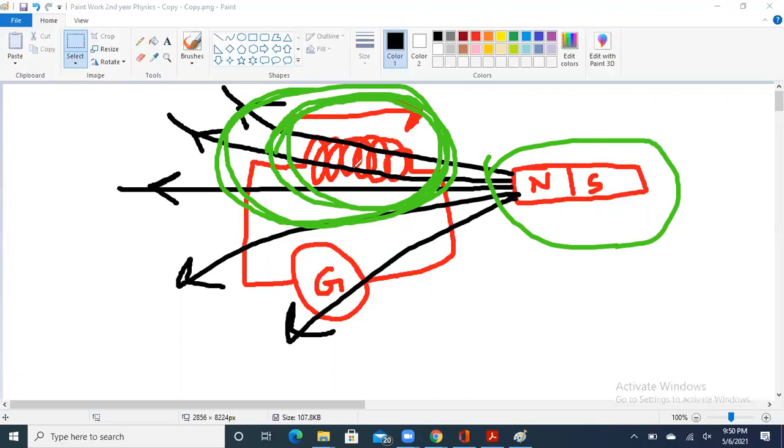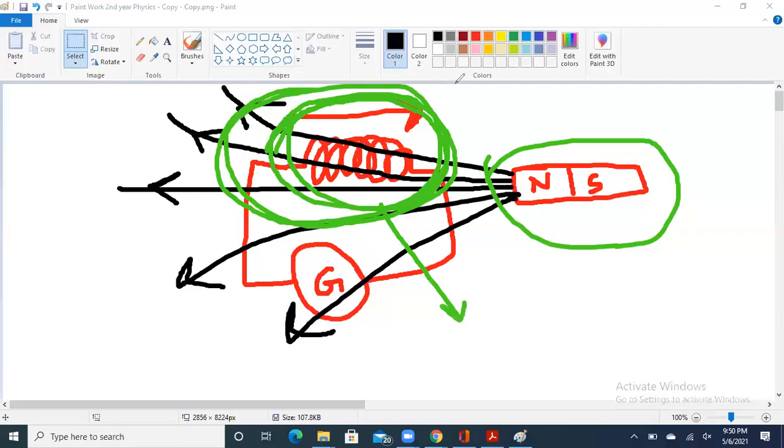So you can say that there is a relative motion of the magnet and the coil, and there is a change of magnetic flux. Since the magnetic flux is changing, therefore an EMF is being induced into this circuit.